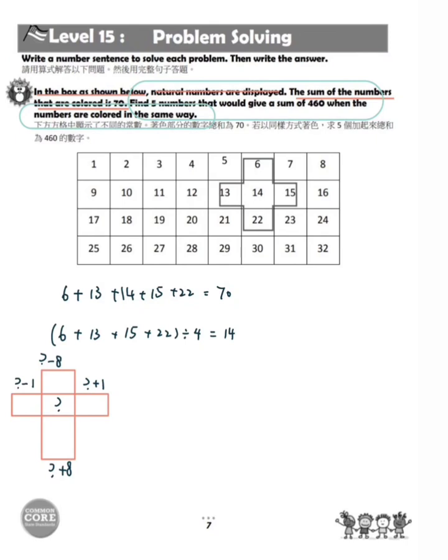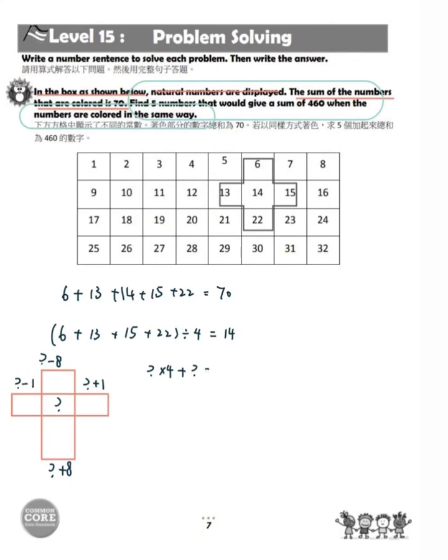So now if we find the answer of the question mark, it is easier to find the answer for these 5 numbers.